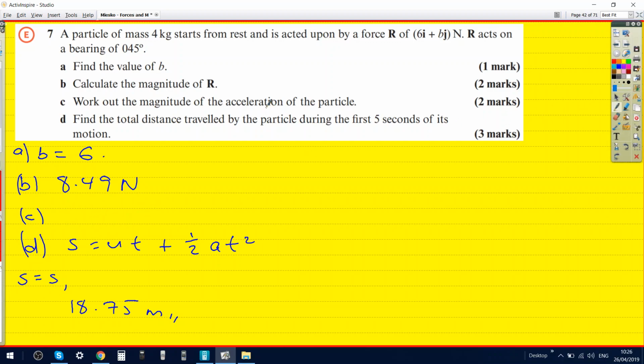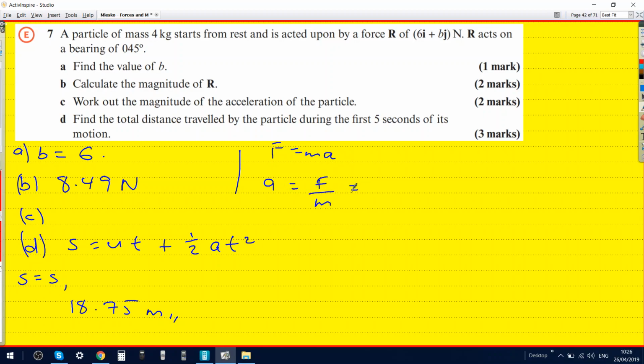Look at the magnitude of the acceleration. So F equals ma. So A would be F over m. The forces were... we could just do the 8.49 over 4.